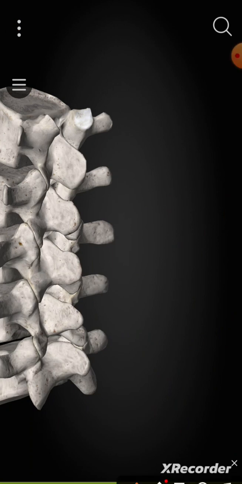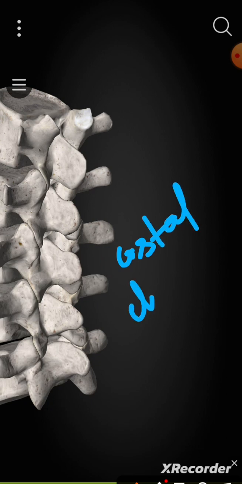It represents costal elements and is homologous to ribs in the thoracic region. Now in the thoracic region, ribs were there which would attach to the costal facet. Here the transverse process depicts a costal element which is homologous to the ribs in the thoracic vertebrae.